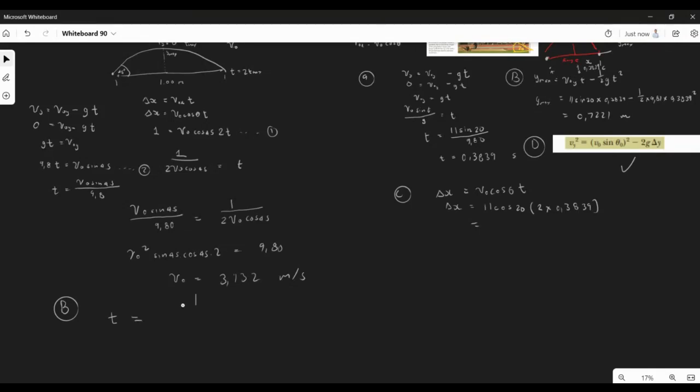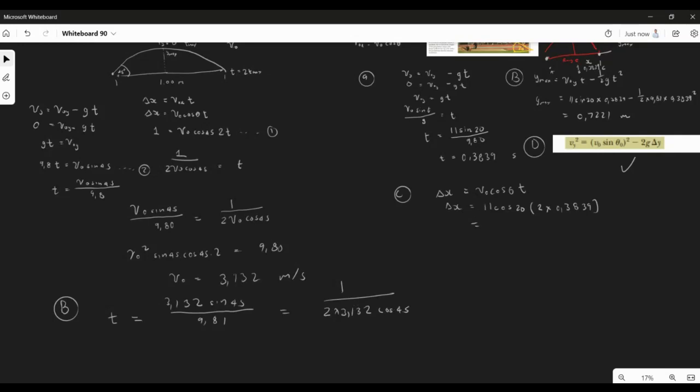You can say 3.132 sine 45 divided by 9.8, or you can say 1 over 2 times 3.132 cos 45. It's entirely up to you.